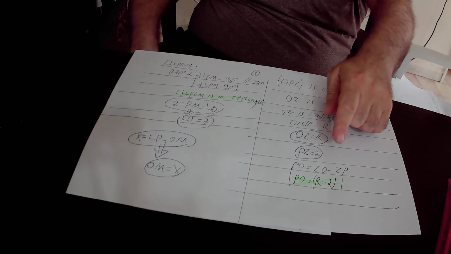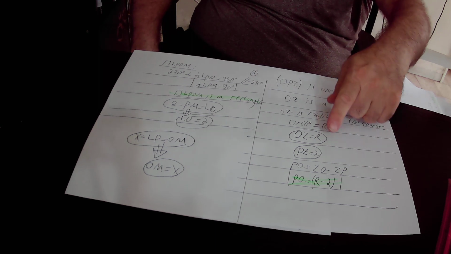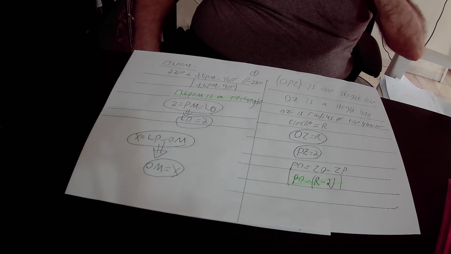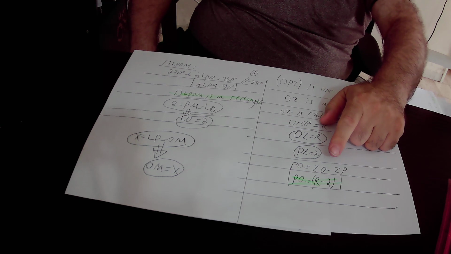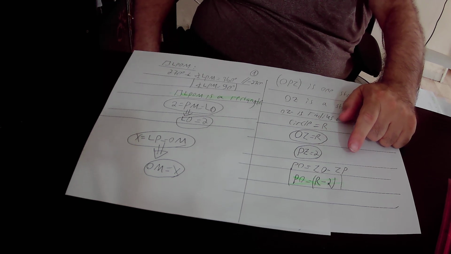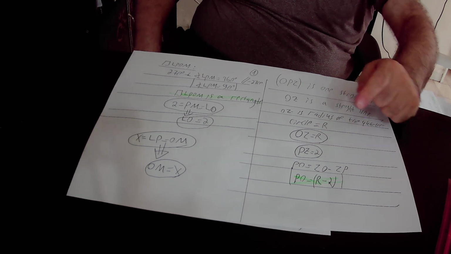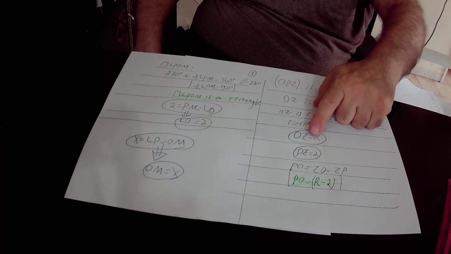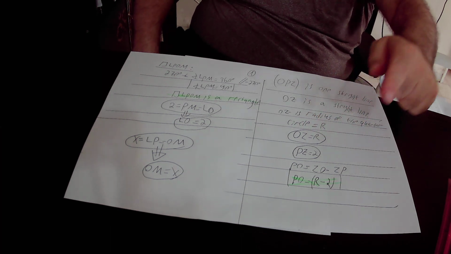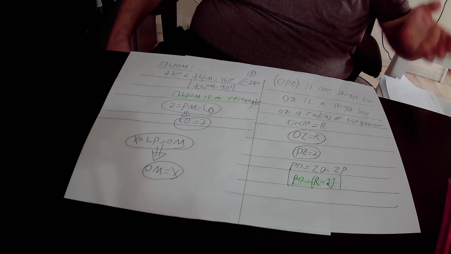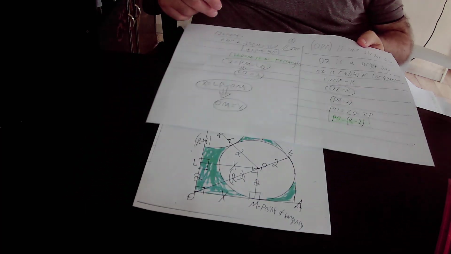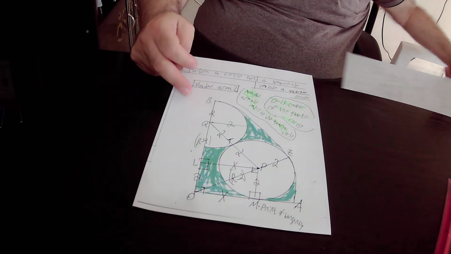So PO equals OZ, and OZ equals capital R, the radius of the quarter circle, minus ZP. ZP equals PZ, and it is equal to 2 units, the radius of the circle. So in conclusion, we found out that PO equals capital R minus 2.